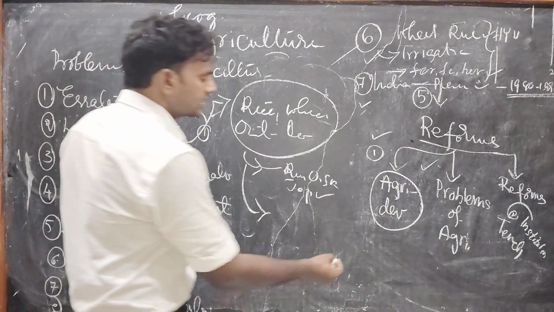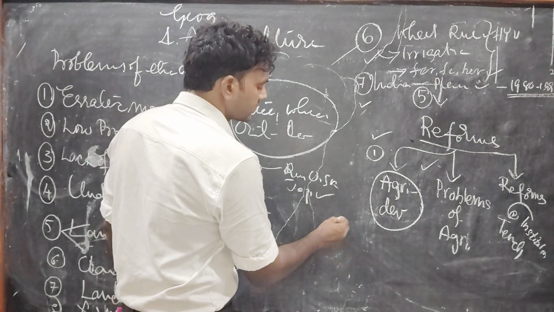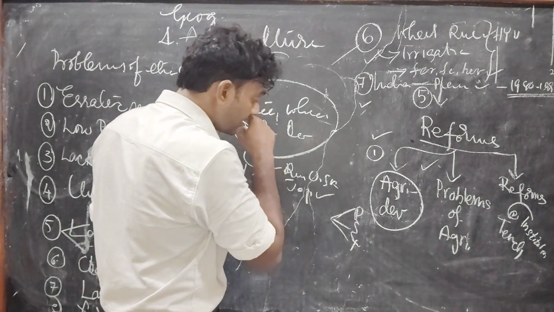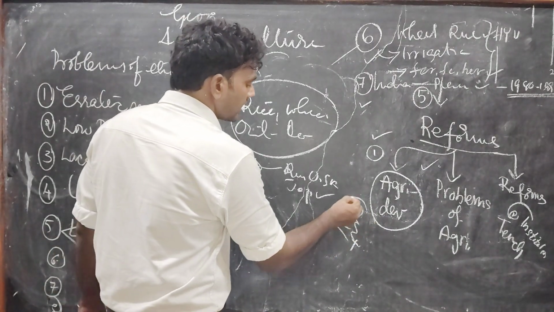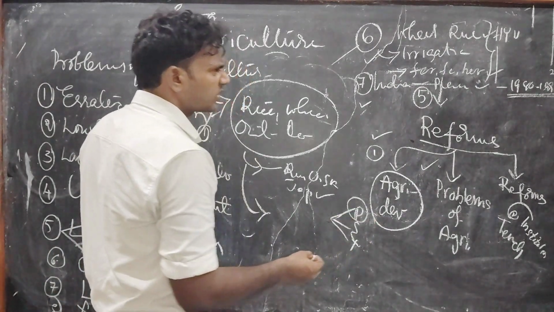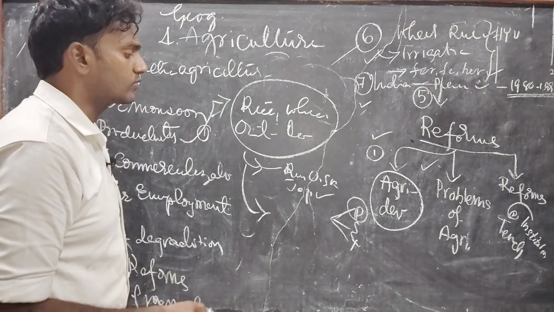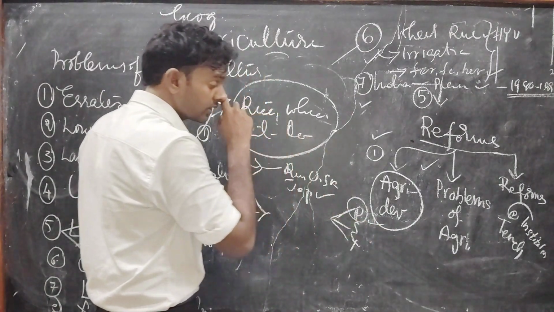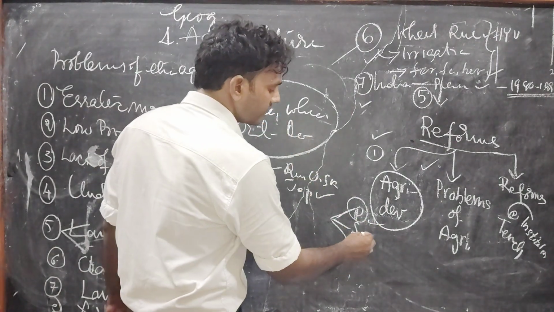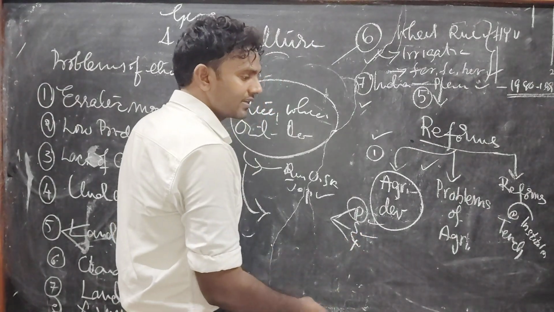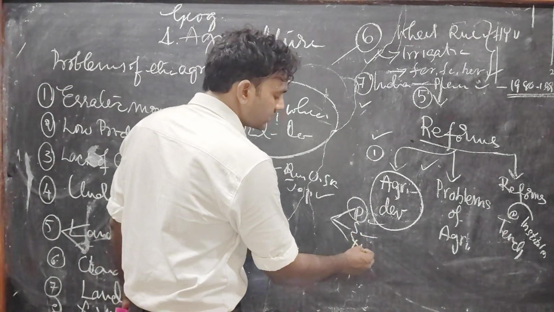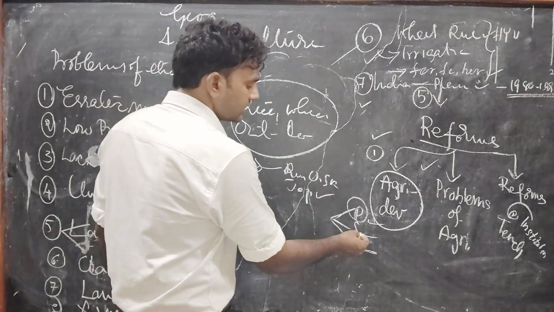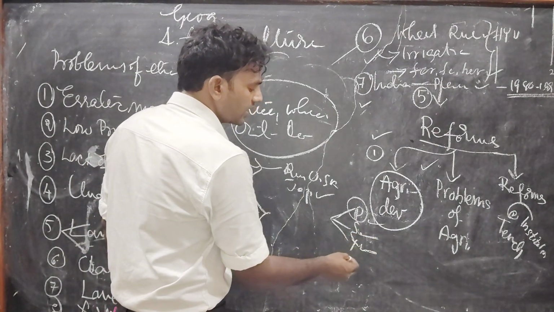See, India is a developing country, so there are three sectors. What are they? Primary, secondary and tertiary sectors. After 1947, through the 60s, 70s, 80s and up to 1990, we used this land for the primary sector only. But after 1990 we got into the secondary sector, and now we are at the stage of the tertiary sector. The secondary sector comes under industries.